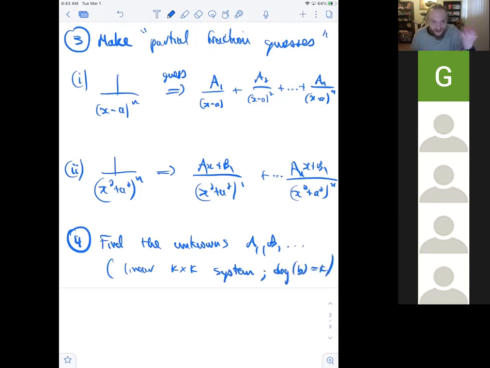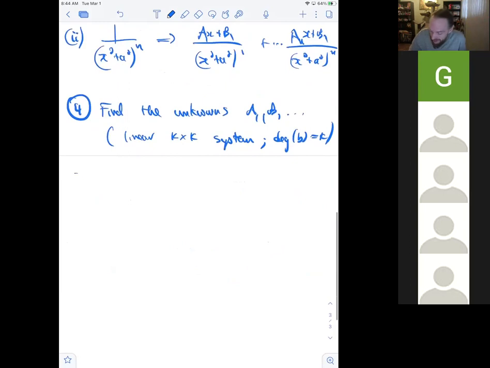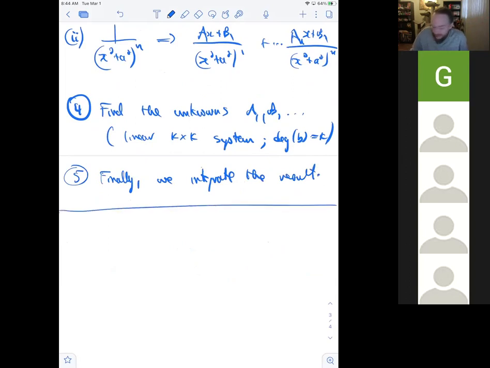So we can tell how many unknowns we're going to have to find by the degree of the denominator. Once we've done this, I've made my rational function A over B proper, so the degree of A is less than the degree of B. I factored B. Then I make all my guesses for partial fractions. Then I have to find these coefficients. Then finally we integrate.